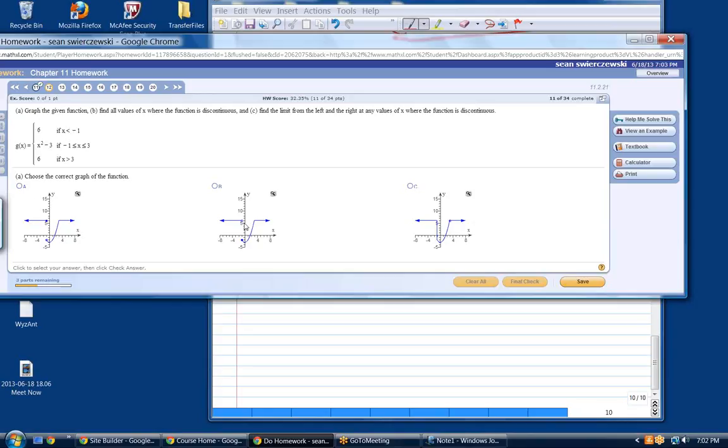However, this one has promise. It's got an open dot, so that fits the top line. Now, B. C has one. No, it doesn't, does it? C isn't a function, notice. C does not pass the vertical line test. So we know it's going to be this one, but let's check the rest of it out. It should be a parabola between -1 and 3 inclusive.